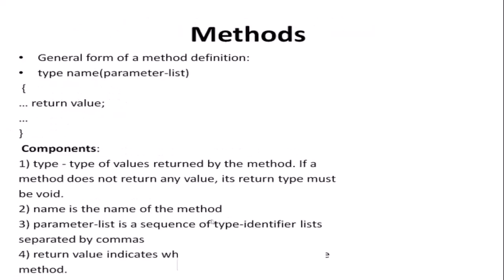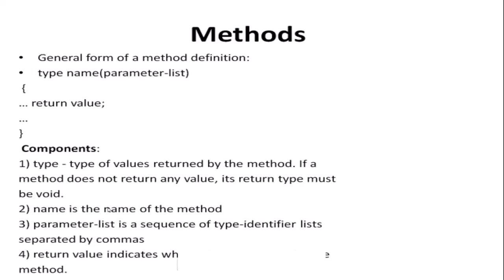Here you have some basic differences. The type defines the type of values returned by the method. If a method does not return any value, its return type must be void. For example, if you write a method, basically it will be public and void, otherwise other elements cannot access it. Name is the name of the method.